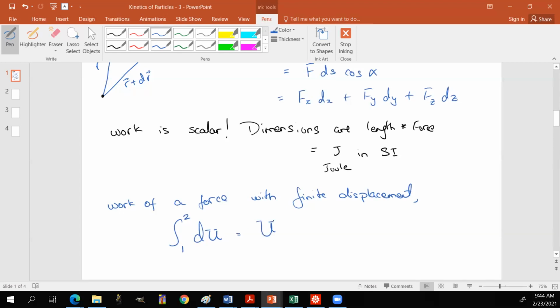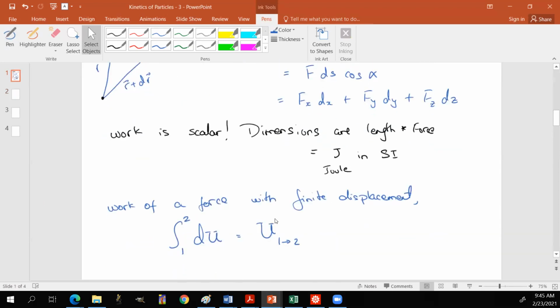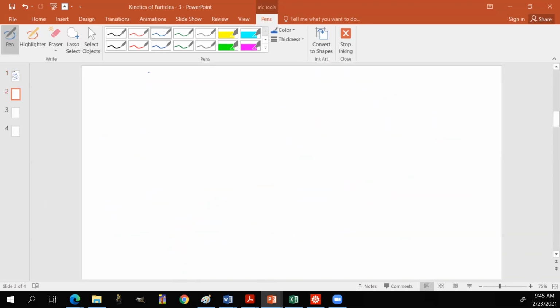That is usually written as U with subscript of whichever position you're going from and to, so position 1 to 2. Let me write that again on the next page. So you have the integral from 1 to 2 of dU, that's basically U of 1 to 2. And let's say that you have some force T, and this force is in the direction of the displacement.